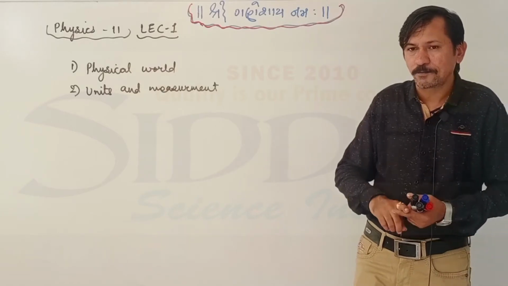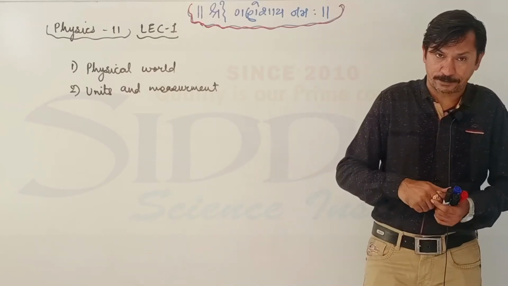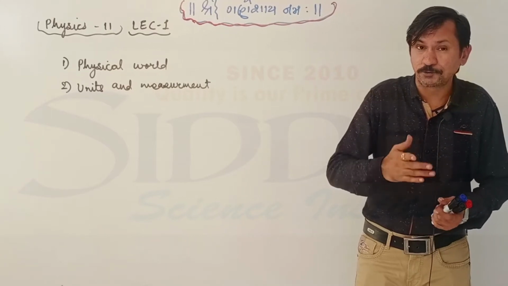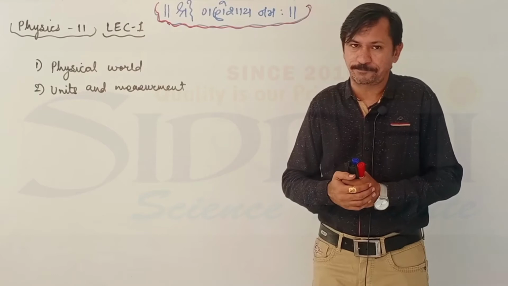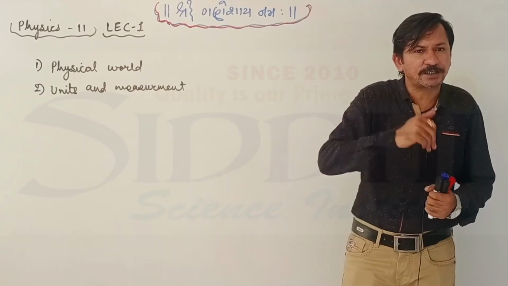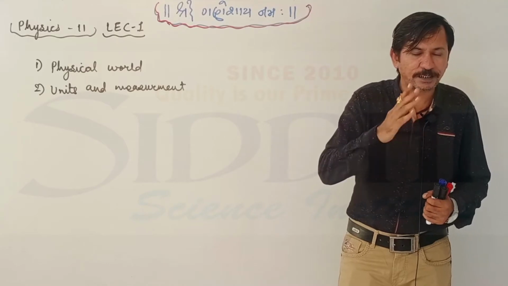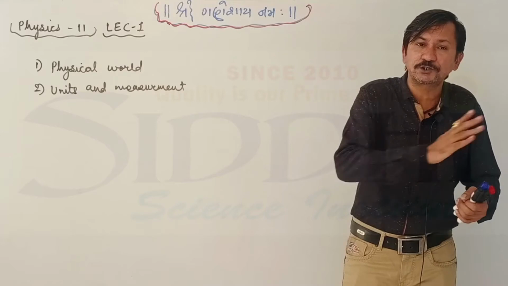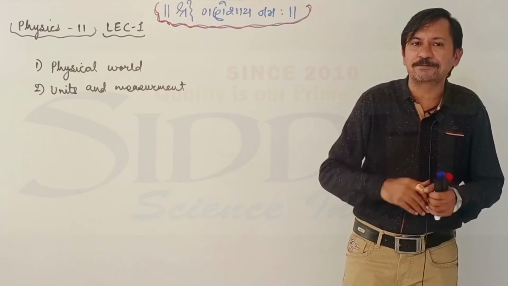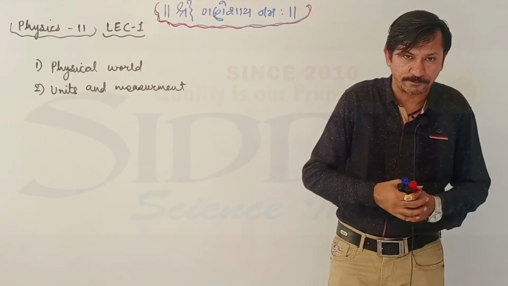For example, if you are asked how will you measure mass, you will say that mass can be measured in kg, meaning kilogram. If you are asked how the physical quantity time is measured, in which unit, you will say that time is measured in seconds, hours, minutes.